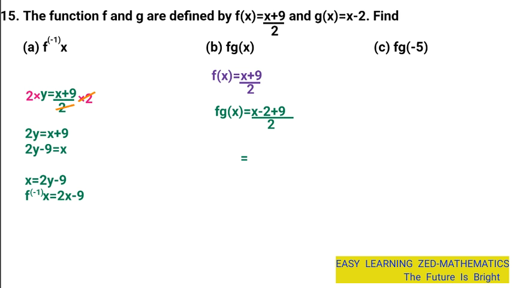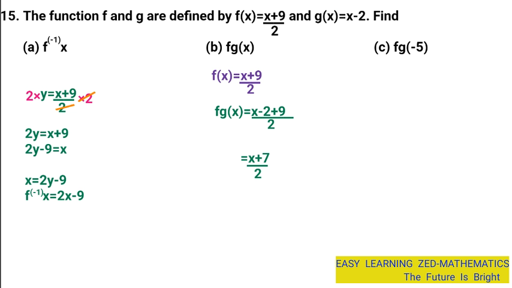When you look at 2 and 9, 9 is bigger, so the answer will be positive. 9 minus 2 gives us 7, so the answer will be x plus 7, because 9 is bigger than 2, the positive sign is maintained, over 2. So fg of x is equal to (x plus 7) over 2.